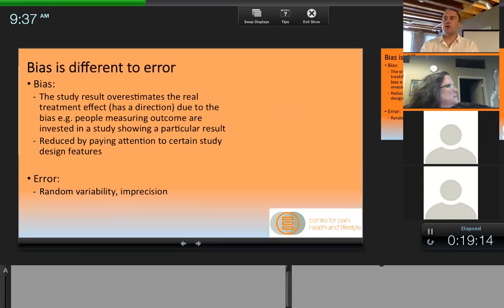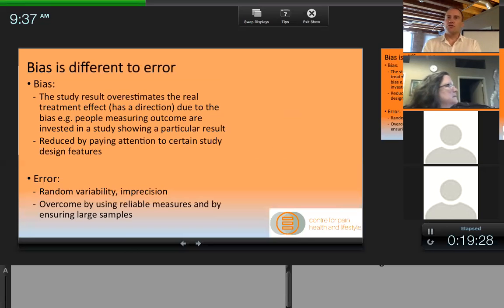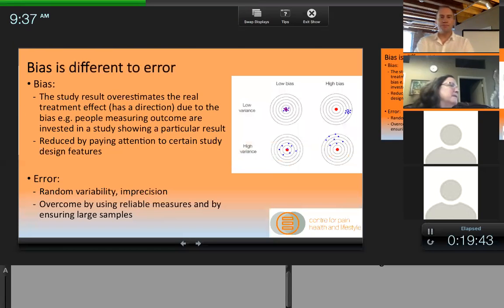And so we reduce bias when we're designing studies by having certain features which try to make sure that we get an estimate of the real effect, an unbiased estimate. To reduce error, we get big samples and we use reliable measures. Okay, so there, as I said, bias and error are different things and we deal with them in different ways when we're looking at research.